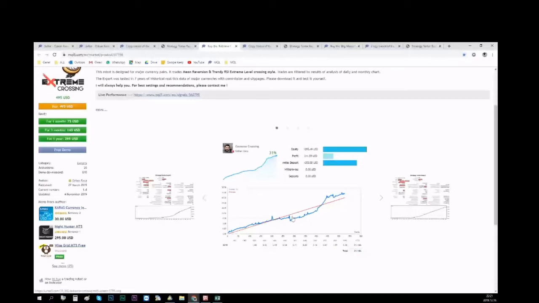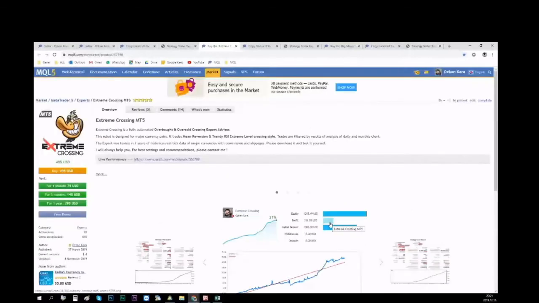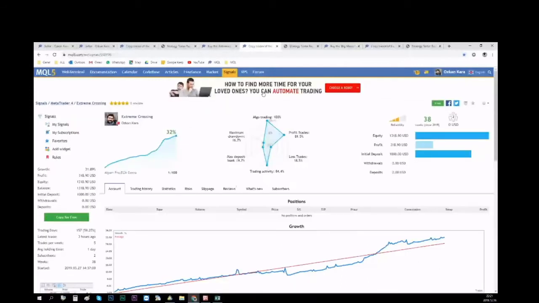This system also has the same thing, small profits and small drawdown, because I'm always looking for small drawdowns.